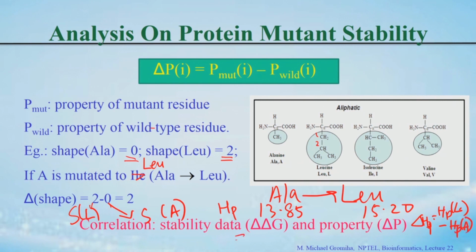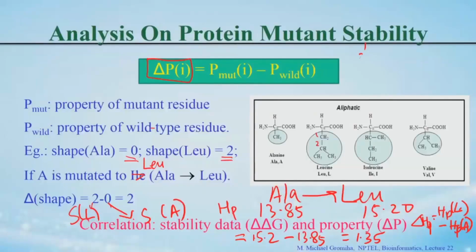You will get this value, leucine 15.2 minus 13.85, this is equal to 1.35. So, for any property you can calculate the delta P of I if you know the mutated residue and the wild type residue. So, now if you have 100 mutants, take any particular property, for example, hydrophobicity. For the 100 mutants you can calculate delta Hp, you have 1 2 3, you know the delta G.